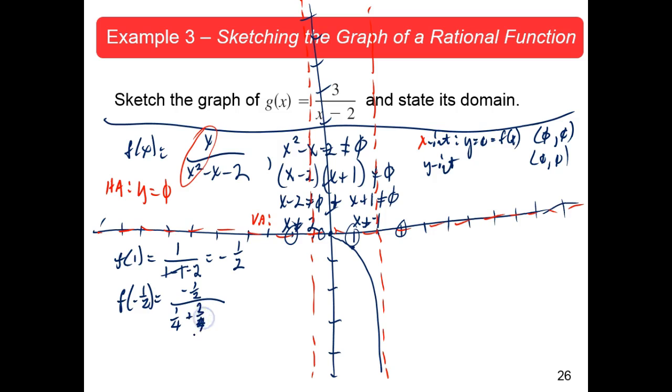Let me just write it that way. Minus, and how many fourths is 2? 8/4. Minus 8/4. So that gives us negative 1/2 over, let's see, negative 5/4, isn't it?